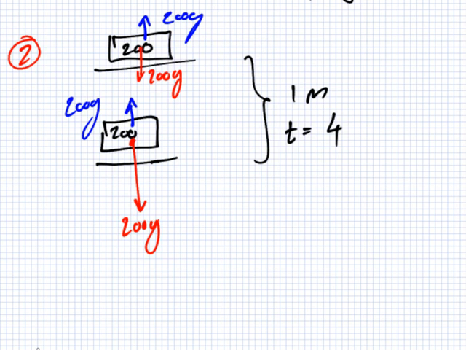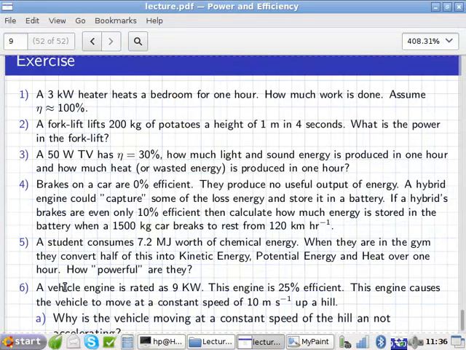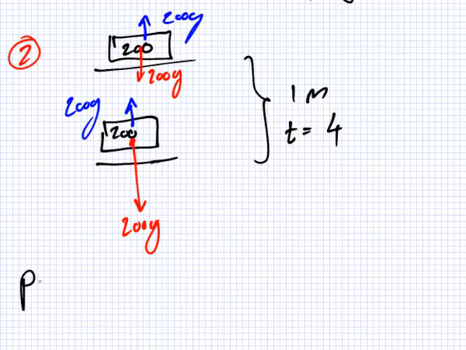Okay, so do I want the power? Yeah. Power is work over time. Now, how much work has been done? You can think about this two ways. You can use the formula work equals force times distance, because do you know the force?